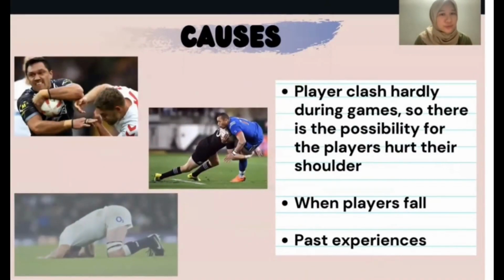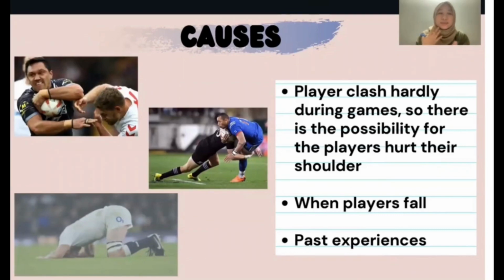Okay, there are a few factors that cause this injury, which are players clashing hard during games. So there is a big possibility for players to hurt their shoulder. Next is when the player falls. As we all know, rugby is an aggressive sport, right?